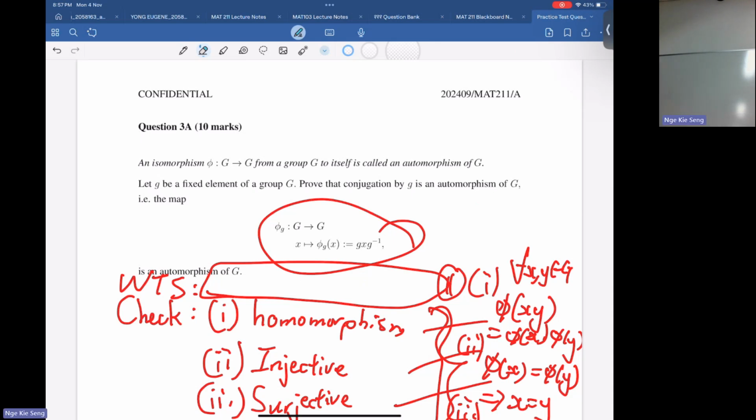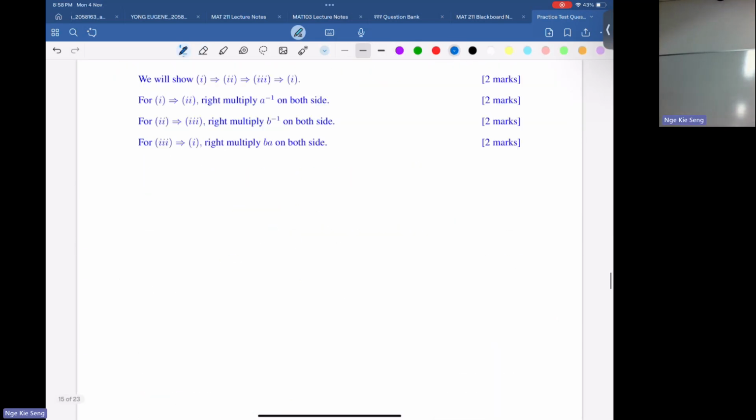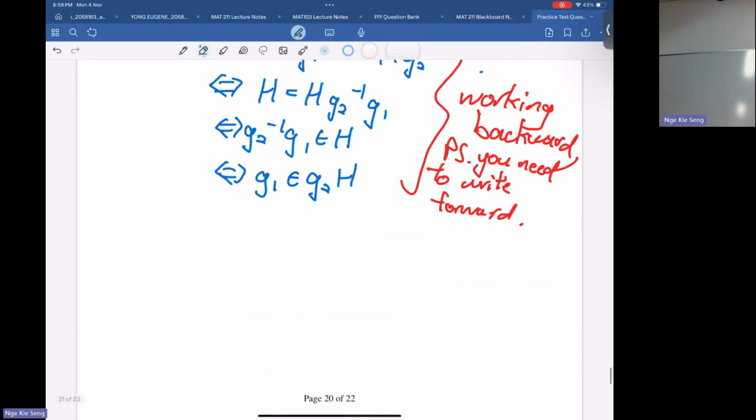But what we can do is, let me use this first. If you fix the H here, phi g of H is what? It's an image of this automorphism, meaning it is a subgroup. It's a subgroup again. But in this case, the index is 2. The index is 2 means what?